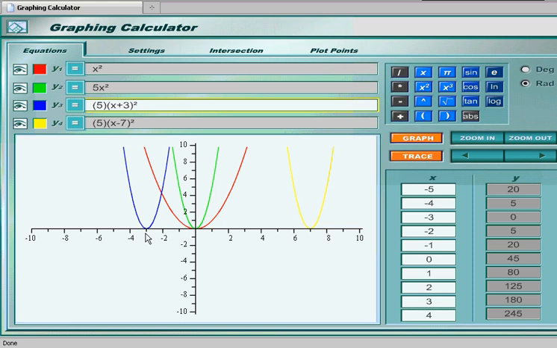So when we add, it translates left. When you subtract, so we subtract 7 inside our parentheses, it translates to the right. In this case, it would translate 7 units. Again, the 5 is just dictating that the graph is becoming narrow.